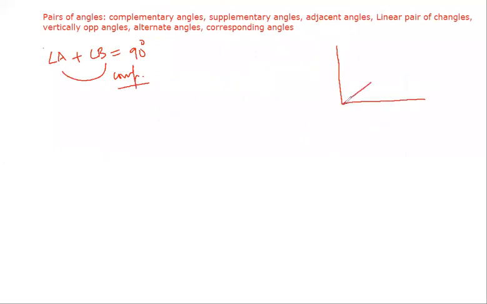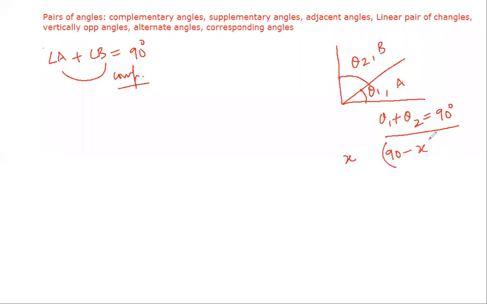If I draw a line, let's say this angle is theta 1 and this angle is theta 2, or I name them A and B. The sum of theta 1 and theta 2 is always equal to 90 degrees, so theta 1 and theta 2 are complementary angles. Students, if you know one angle x, the complementary angle will be 90 minus x. Why? Because when you add, x cancels and the sum is equal to 90 degrees.